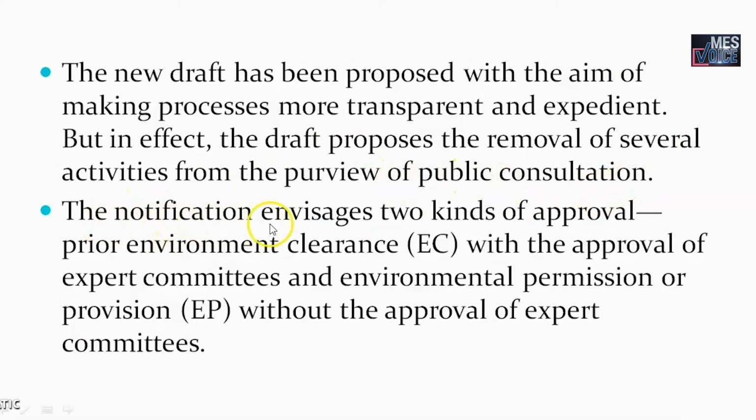The notification envisages two kinds of approval: prior environment clearance, that is EC, with the approval of expert committees, and environmental permission, or EP, without the approval of expert committees.